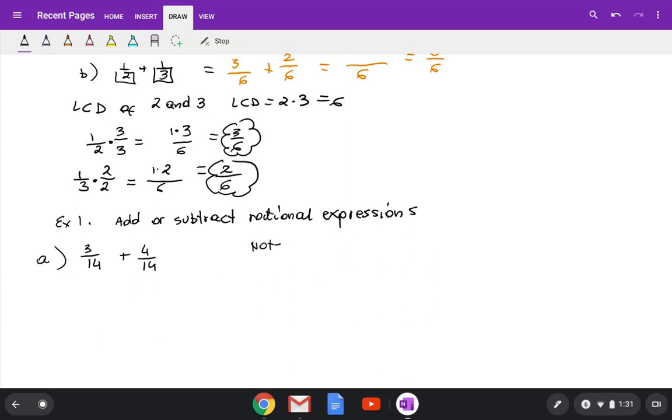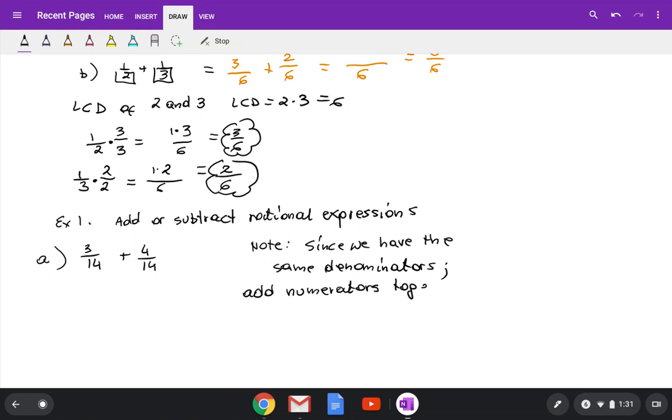So let's write a note. Since we have the same denominator, what we're going to do is add numerators together, simplify, and then write the result over the common denominator.